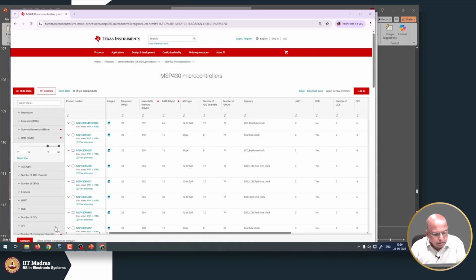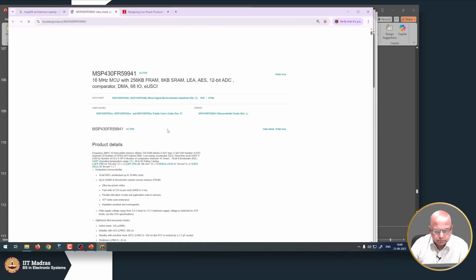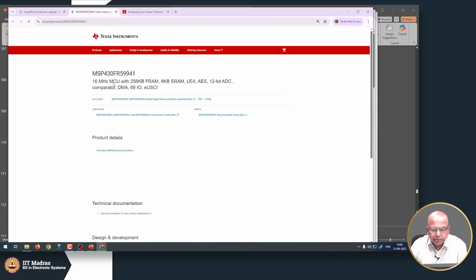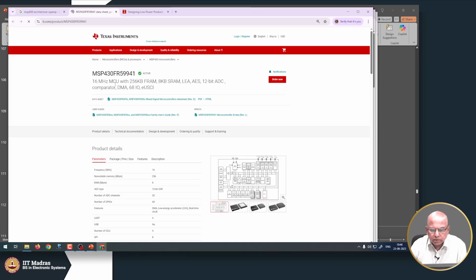Okay. But here I do not think they are listing the op amps and things like that, but definitely op amps are included in MSP 430s. So, if I can find one such, I will show it to you. So, this is a 16 megahertz MCU with 256 KB of flash memory, and it has many features.